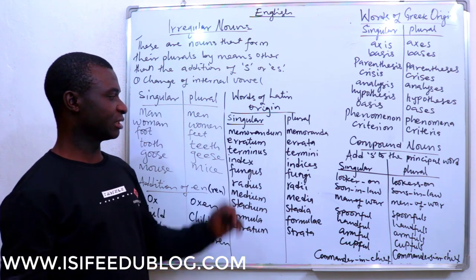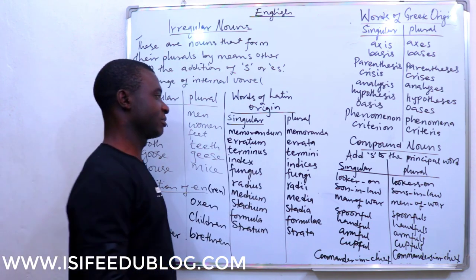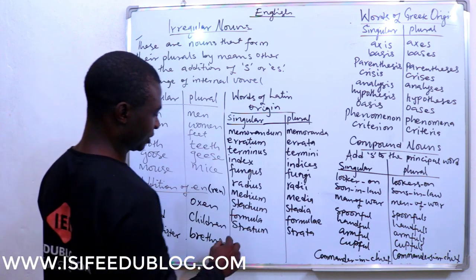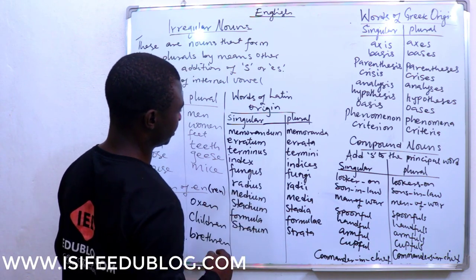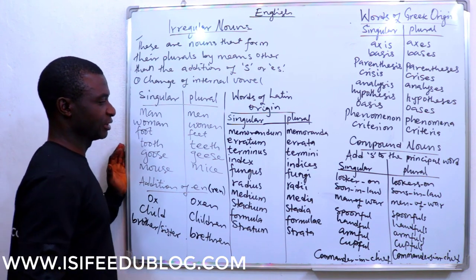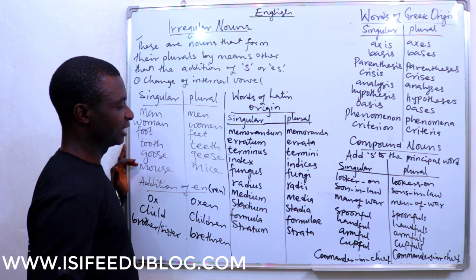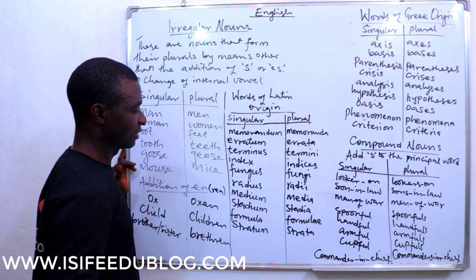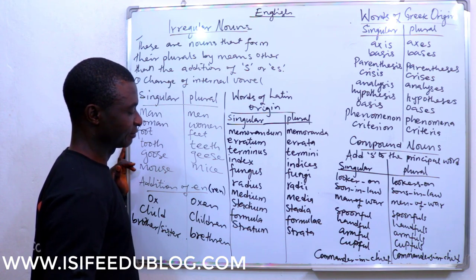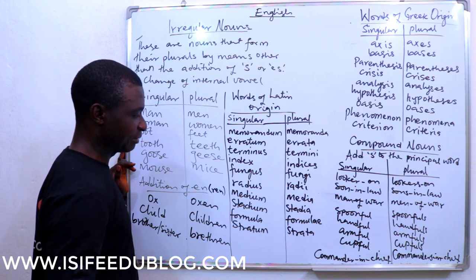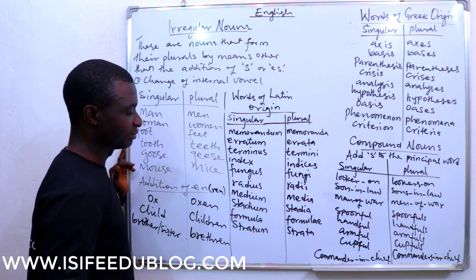So we have memorandum. The plural form of memorandum is memoranda. Of course, you have erratum for errata, terminus for termini, index, indices or indexes, fungus, fungi, radius, radii, medium, media, stadium, stadia.